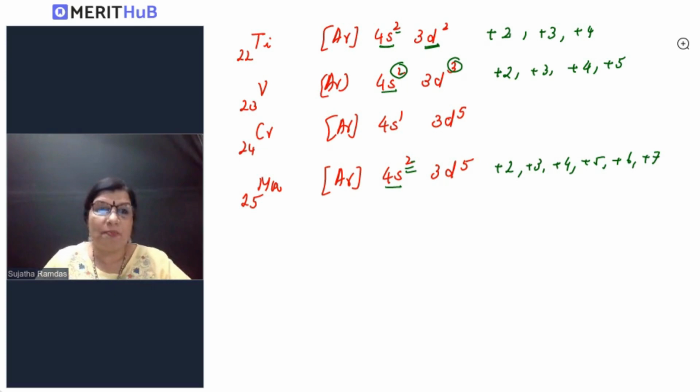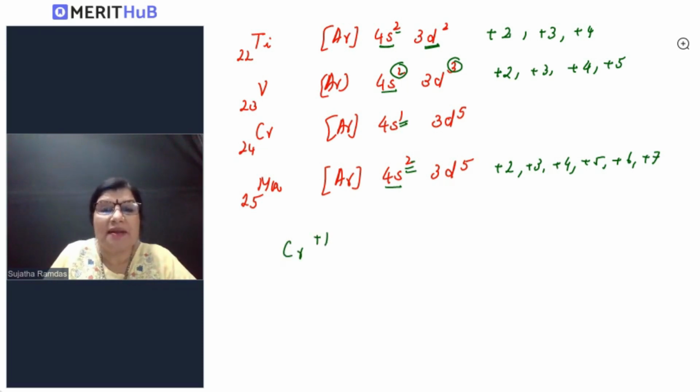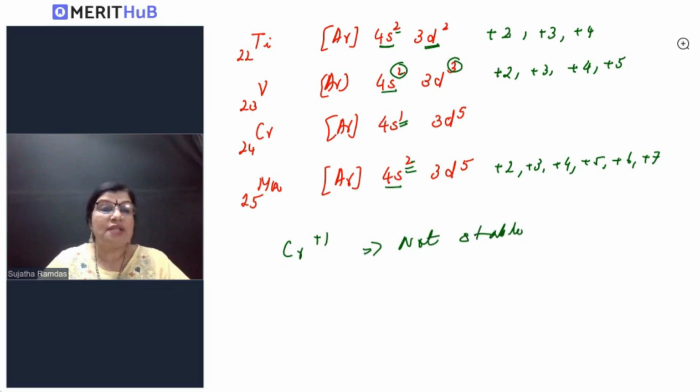Now let's move on to chromium. So chromium, we expect a +1 oxidation state. But this is also an important discussion. Chromium +1 is not very stable. Now, why is chromium +1 not very stable? These oxidation states are discussed in the context of transition metals losing electrons to form complex ions, right?